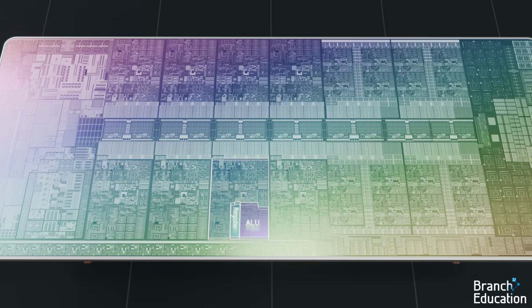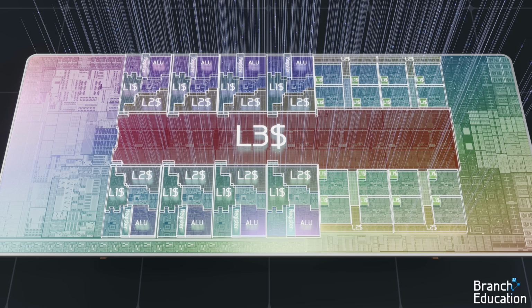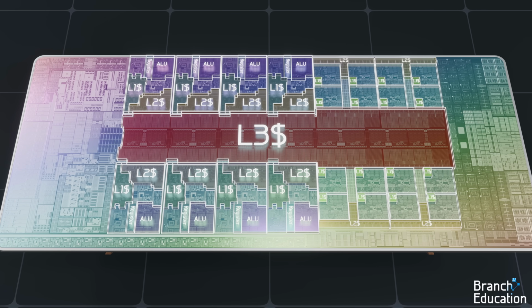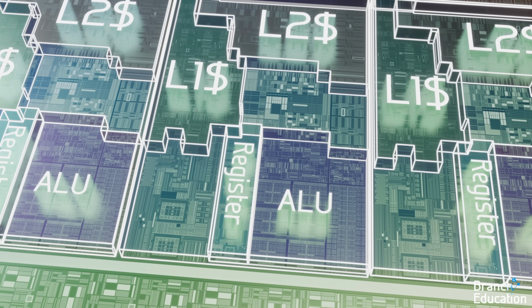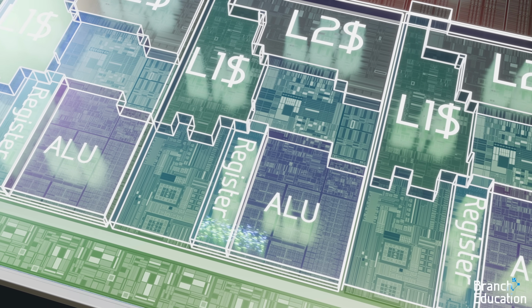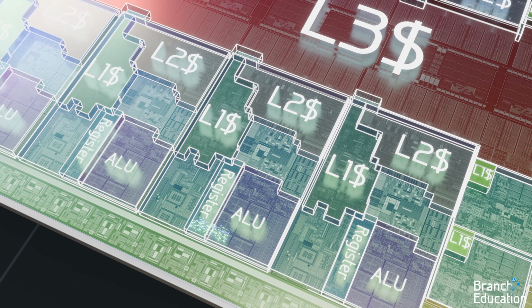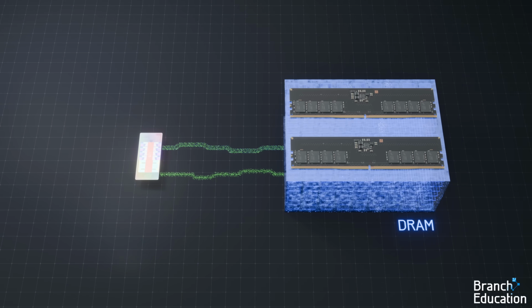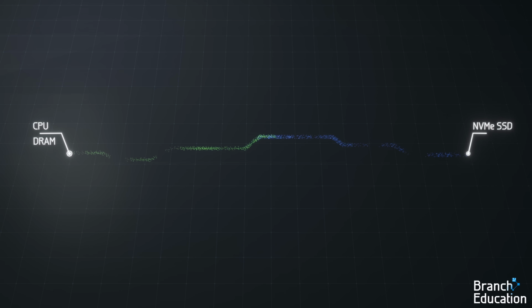And then spread across the table are the different cache levels and sizes. This visualization is useful because execution units can only work on data that's already in the registers. So if the data is not there, it must be fetched from the cache hierarchy, main memory, or even storage and gradually moved into the registers.